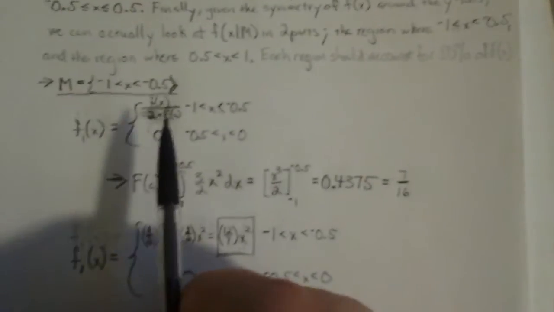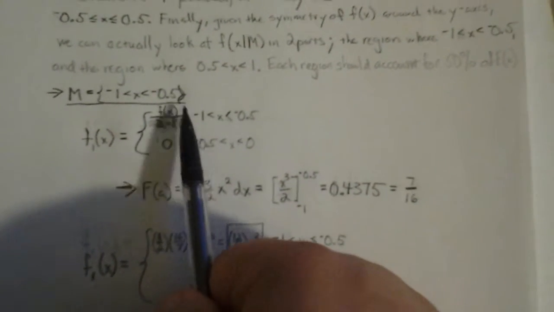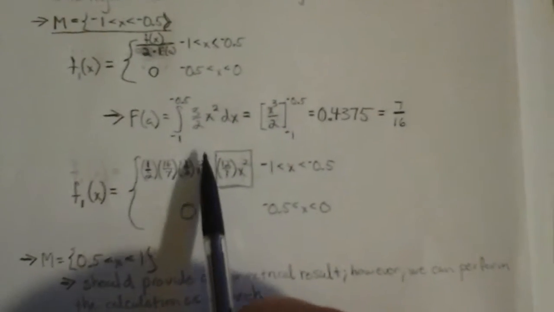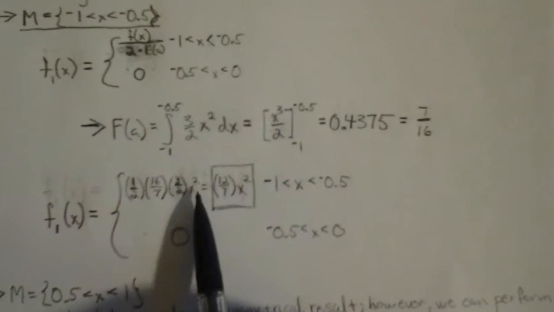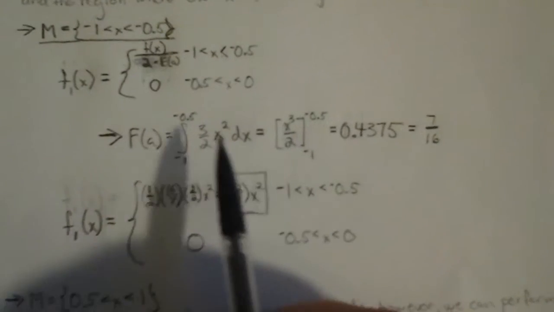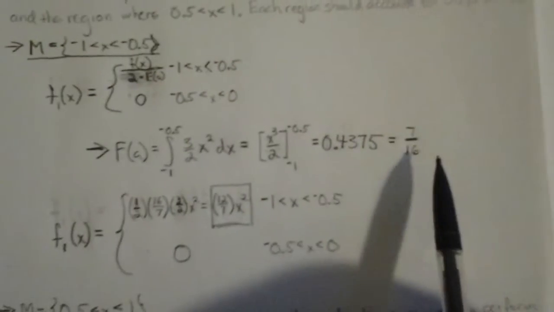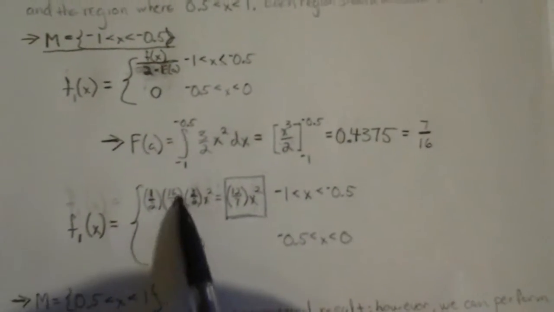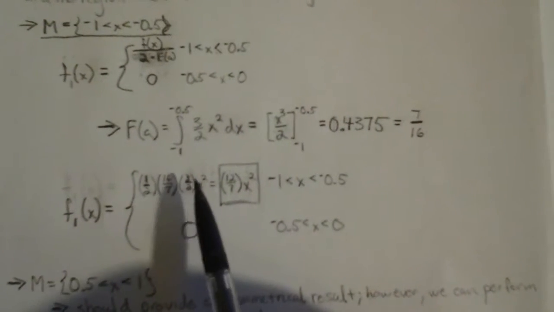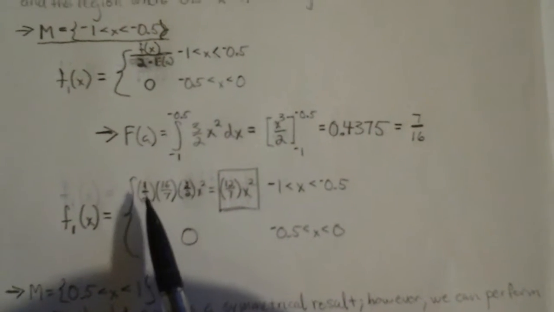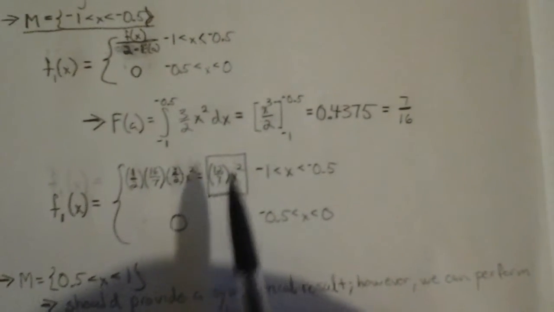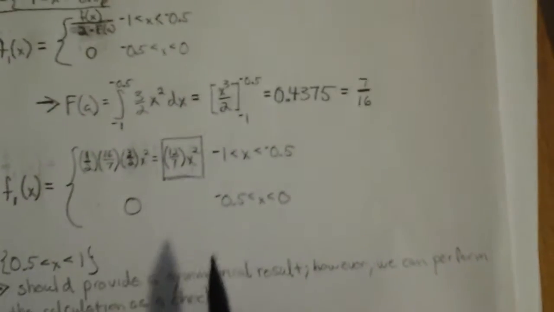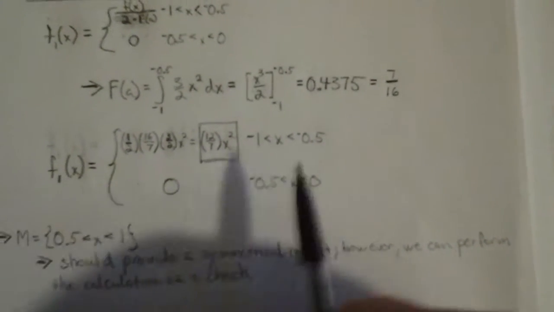Thus, if we substitute in the constants that we know, we have our original 3/2 x squared. We divide by this f of a, 7/16, which means we multiply by 16/7, same thing. We multiply the whole thing by 1/2. What that works out to be is 12/7 times x squared for within this region. And the region from -5 to 0 remains 0.